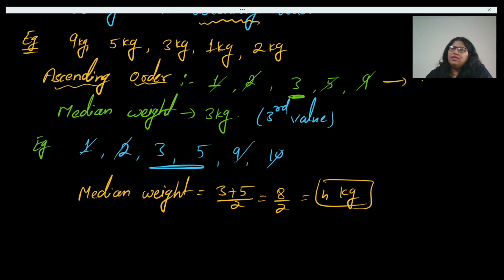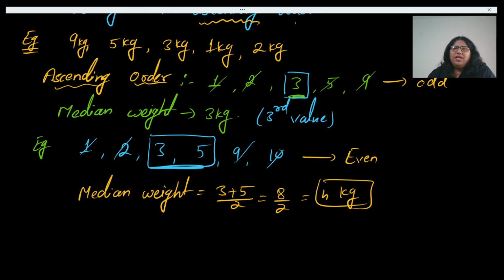Here, there are an odd number of observations, and here there are an even number of observations, right? Whenever there are an odd number of observations, you can get the mid value very easily. But if there are an even number of observations, you will always get two mid values and you need to take the average. Now, what is the meaning of median here?